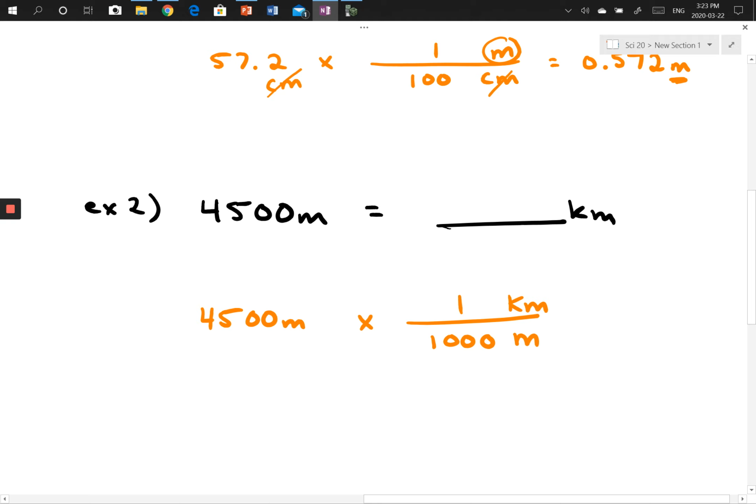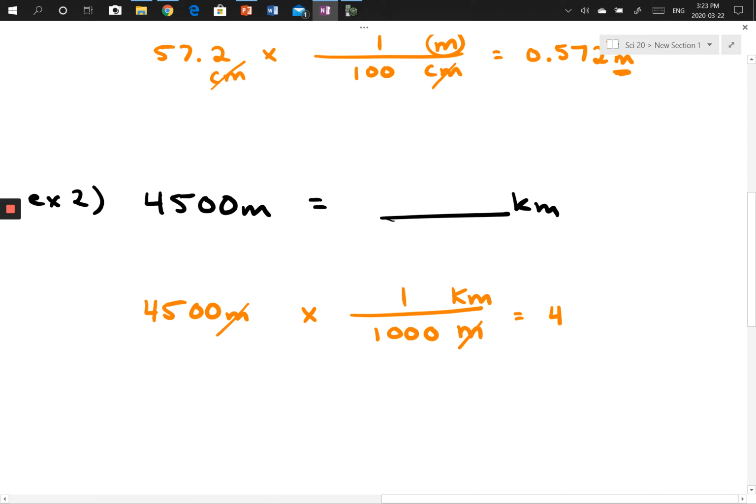So in this case, I am going to divide by 1,000. Meters are going to cancel. So 4,500 divided by 1,000 is going to give me 4.5 kilometers.